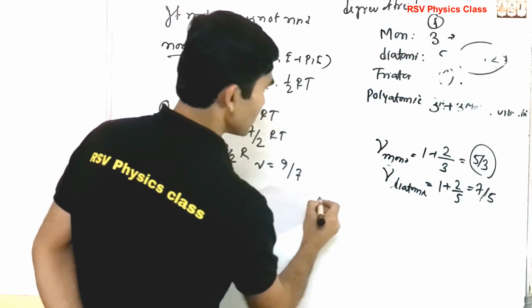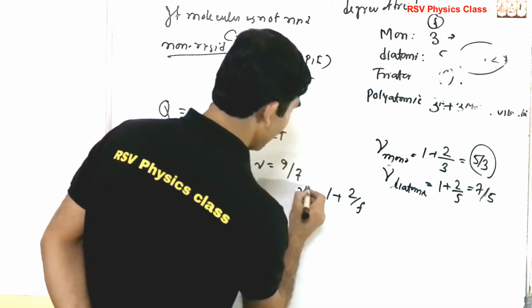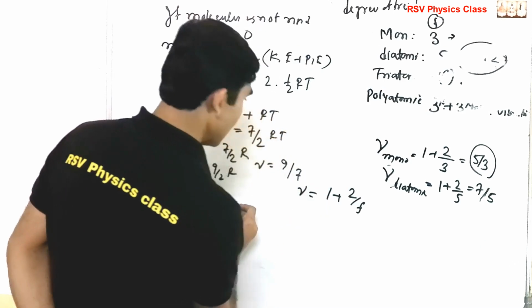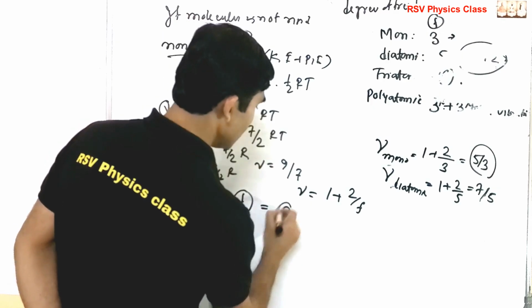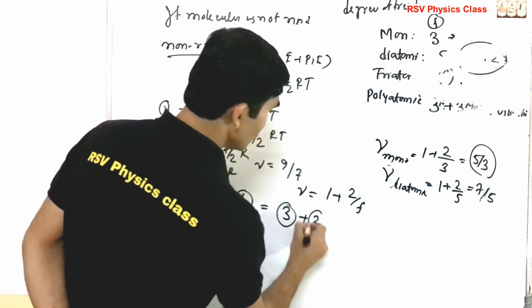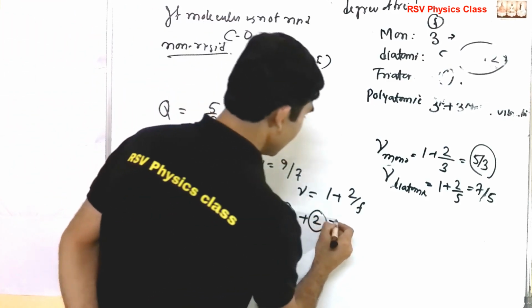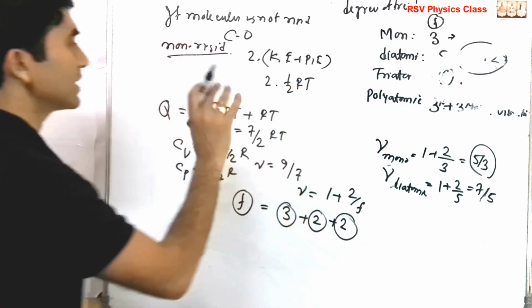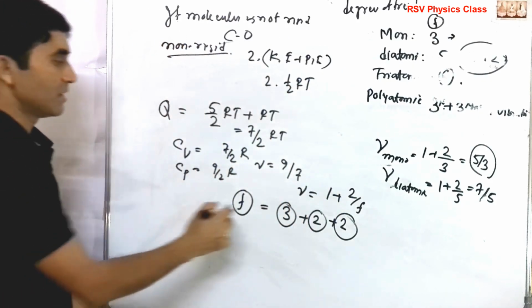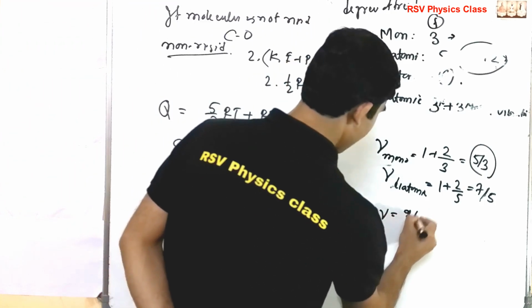So from the equation 1 plus 2/F, F is 3 translational, 2 rotational and 2 vibrational modes. Vibrational modes mean one kinetic energy and another potential energy, so F is 7. So gamma equal to 9/7.